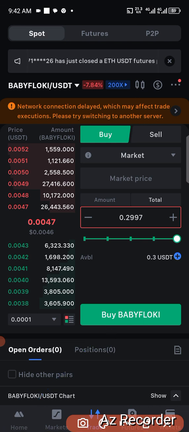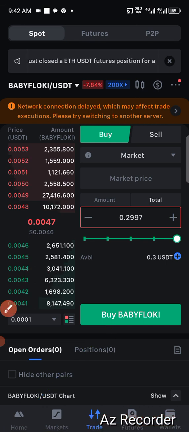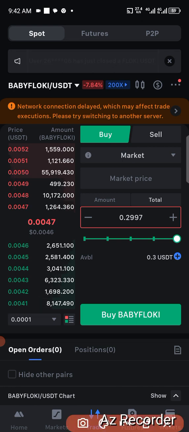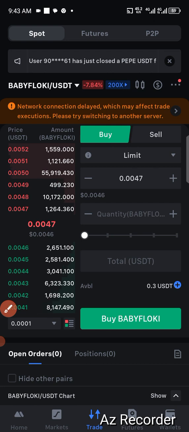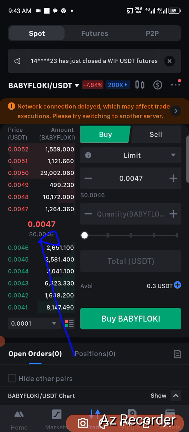Then another one is that if, at this point here, you change this market to limit, for instance, you change it to limit price. Now, it means that at this limit, this is the current price of the market, 0.0047.